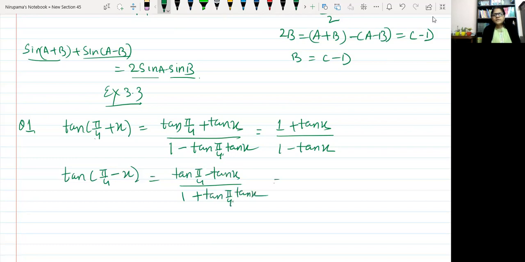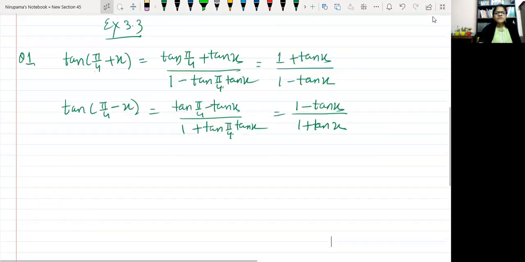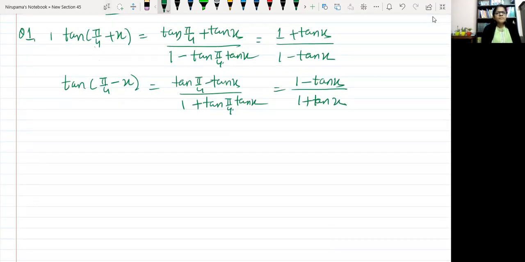It means you will be getting (1 - tan x) by (1 + tan x). So you have one question in the exercise which involves both the parts. Okay, so you can do that. Now you know tan(pi/4 + x) and you know tan(pi/4 - x).